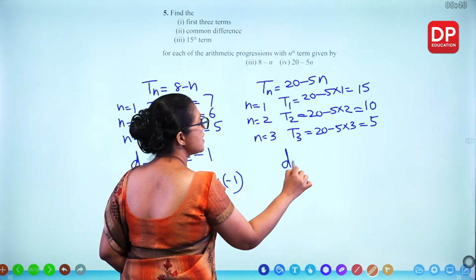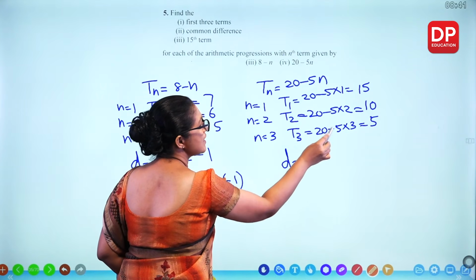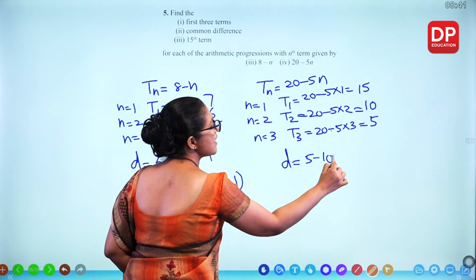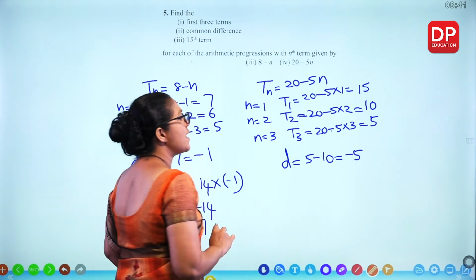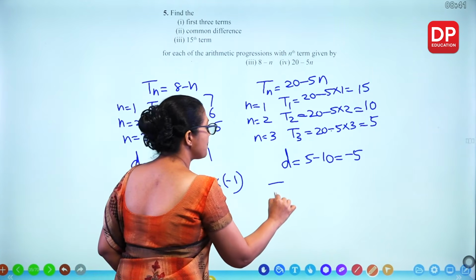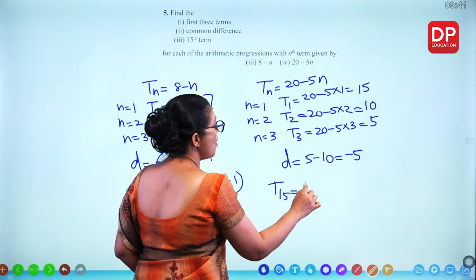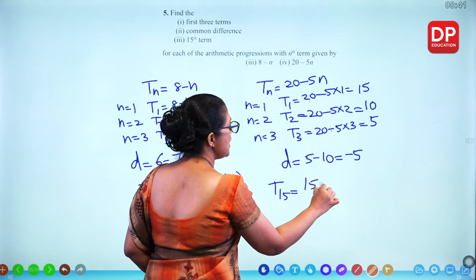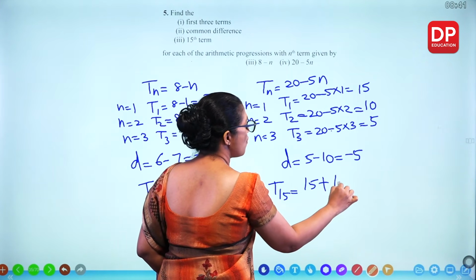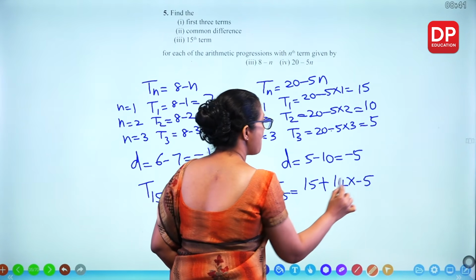Now take the difference. I can take any 2. So I'll take these two: 5 minus 10, that's minus 5. So what's the 15th term? T15 is equal to the first term 15 plus 14 times, 15 minus 1, 14 times minus 5.